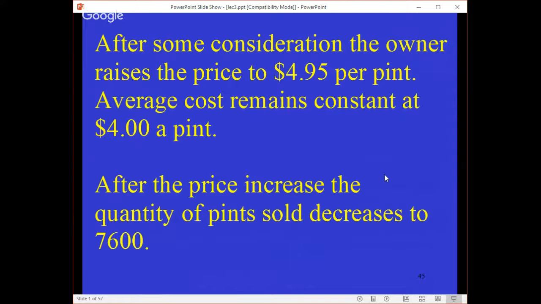Just to remind you, initially they were selling 8,000 pints at $4.50. They raised the price by 45 cents, and the amount they sold dropped to 7,600.